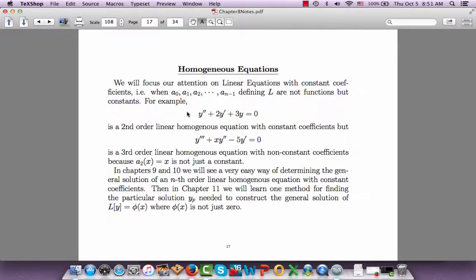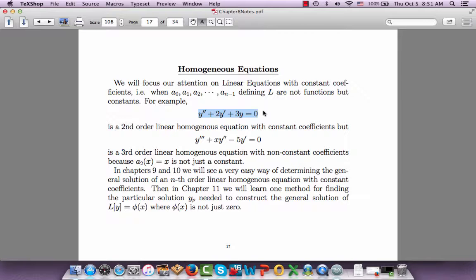So looking at some examples. We have this equation here. It's a second order. It's linear because y prime and y double prime, if they appear, they all appear in one term by themselves, and they're only multiplied by some other stuff, like other functions. But in this case, they're constants.